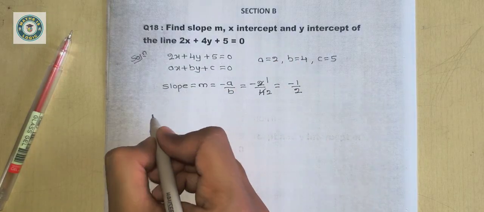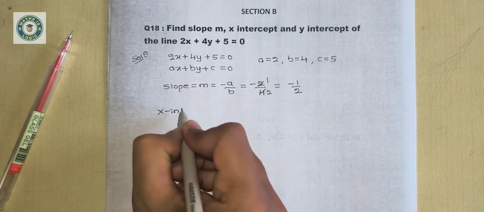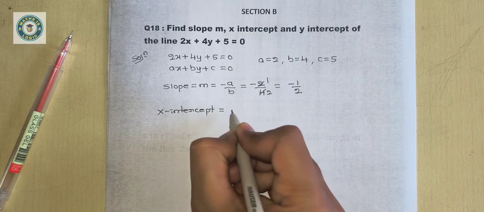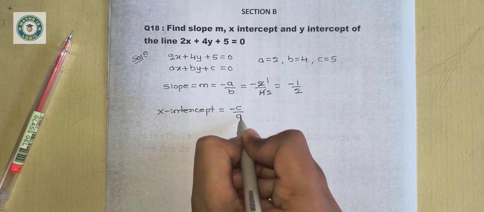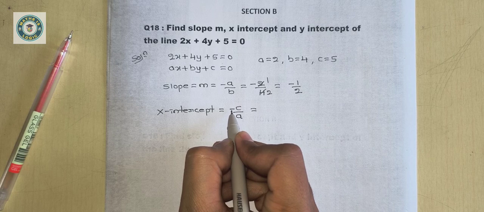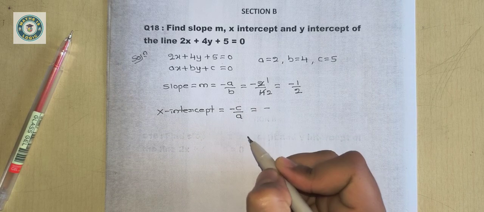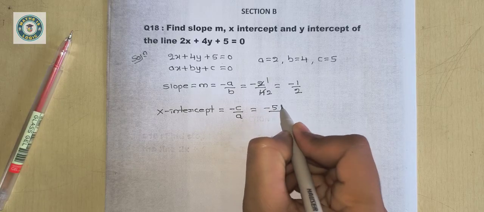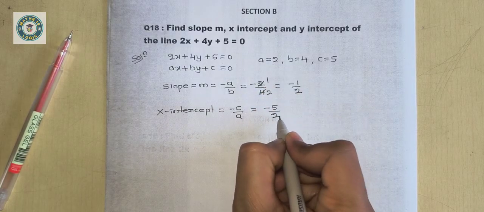Next we need the x-intercept. The x-intercept formula is minus c divided by a. Here the minus is already there, keep that minus as it is. The c value is 5 divided by the a value, which is 2.